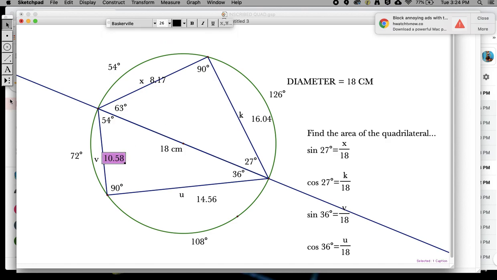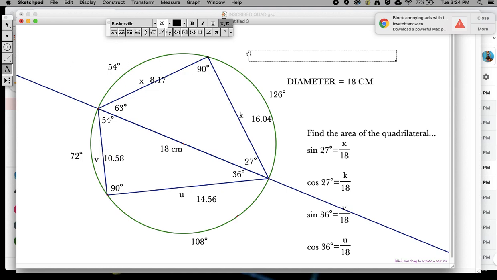So now if I want to find my area, it's going to be 1/2 times 10.58 times 14.56 plus, and then I'm going to copy this guy here. And then again, 1/2 times, this one here is going to be 8.17, times 16.04.